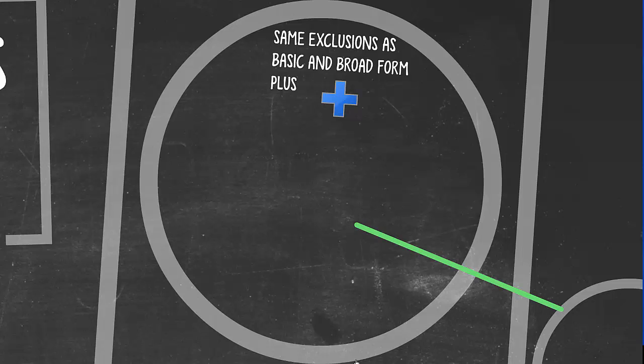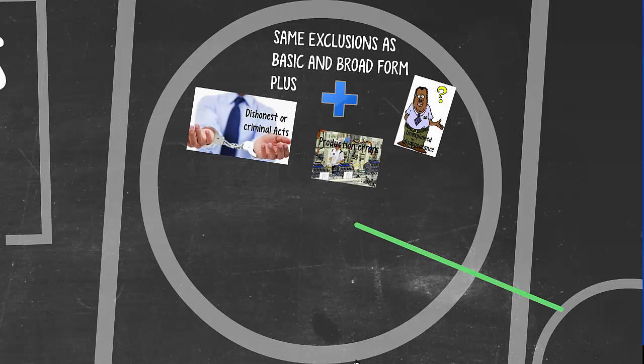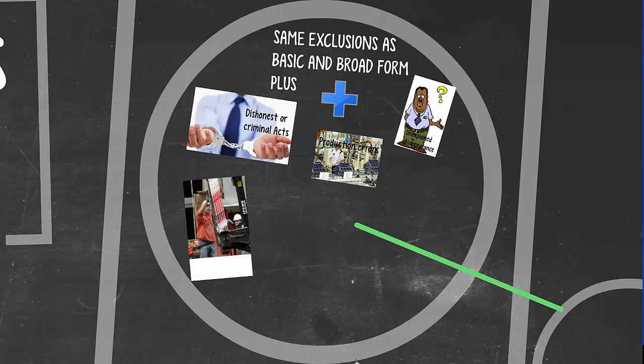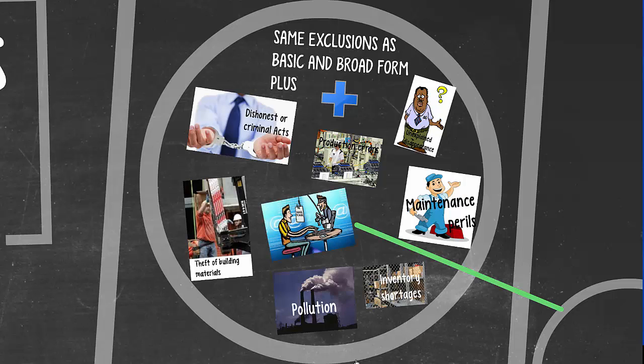So again, the exclusions are the same as the basic and broad form exclusions, which as I go through these, think of how each one of them is somewhat within the control of the insured, which makes them not fortuitous. Dishonest or criminal acts, production errors, unexplained disappearance, theft of building materials, maintenance perils, pollution, inventory shortages, and voluntary parting.